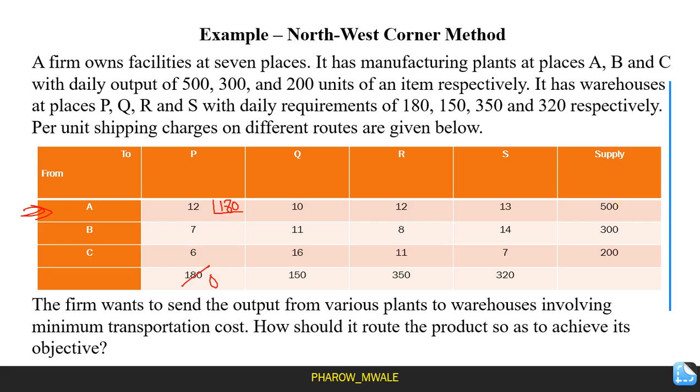So we are going to cancel this 500 here, so that you don't forget that you are subtracting. Cancel it, and beside it, just write your new amount, 320. And then once you have cancelled, let's also cancel this cell here, meaning we have satisfied it.